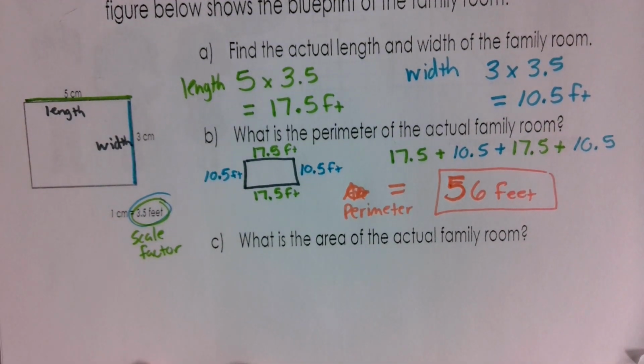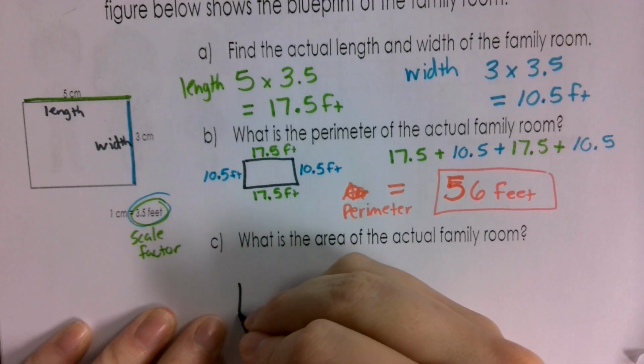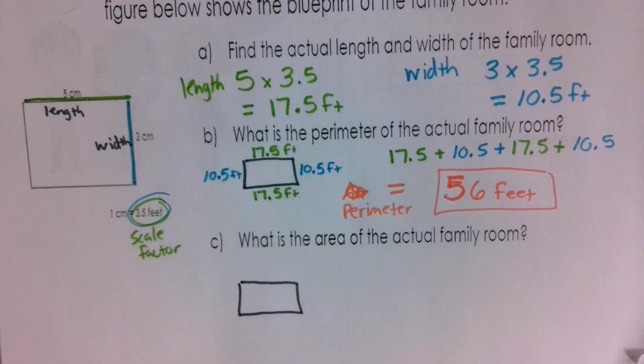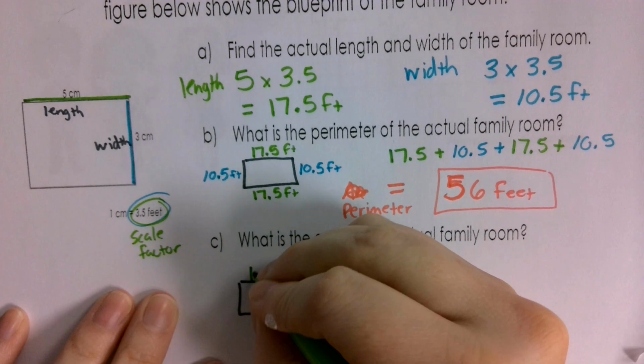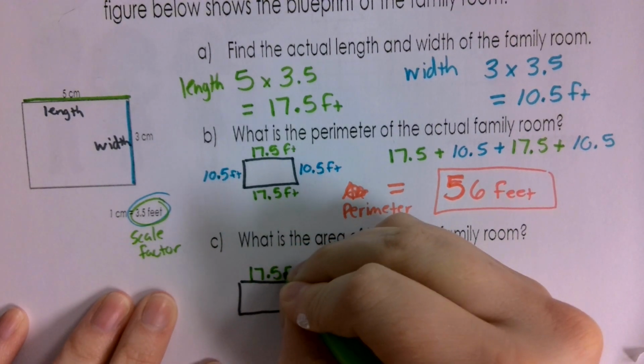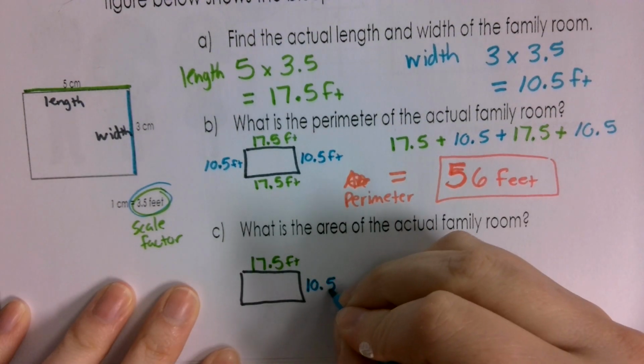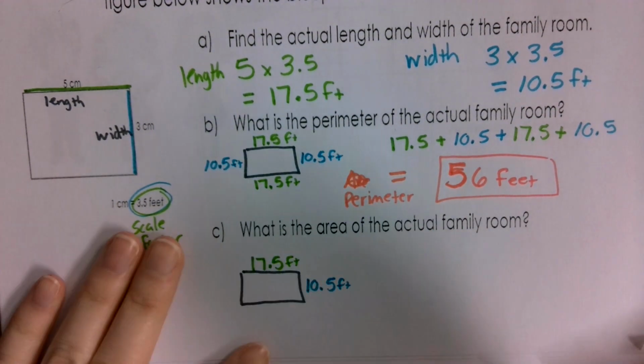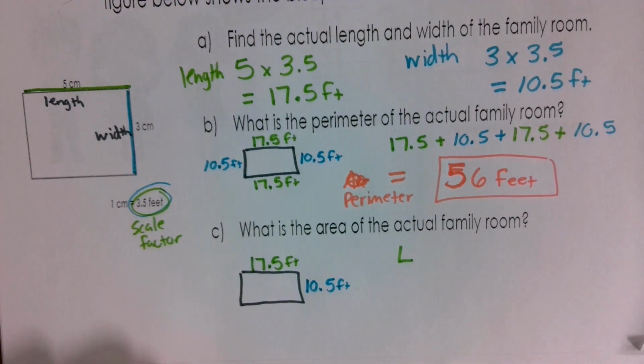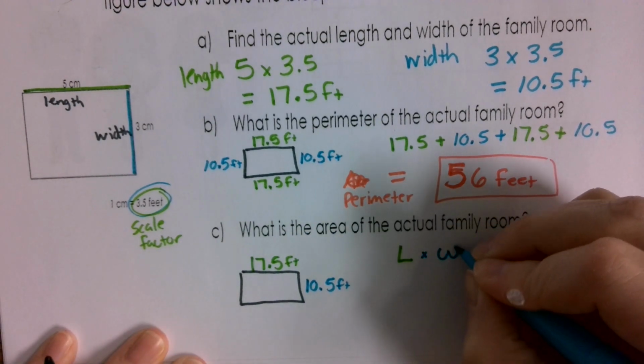Okay, now for the area. Again, we're using the actual measurements. So for our actual measurements with area, you're just going to take that length, 17.5 feet, and multiply it by the width, which was the 10.5 feet. So we're just doing length times width.